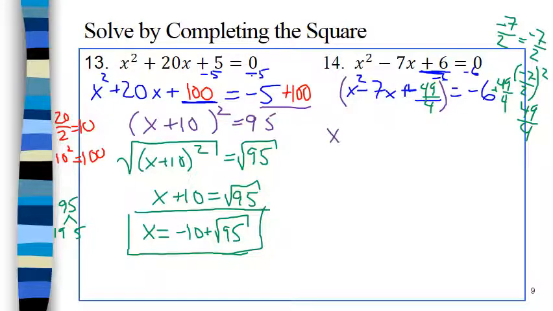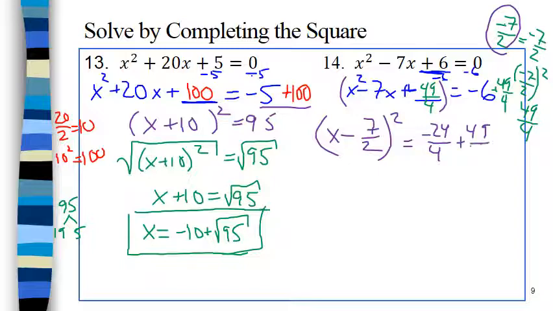So I can rewrite this as x minus, because remember, b is going to be minus 7 over 2 squared equals negative 6, which I can rewrite in fourths as negative 24 fourths plus 49 fourths. So x minus 7 over 2 squared equals 25 over 4.